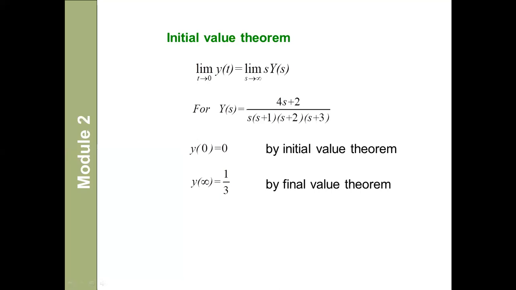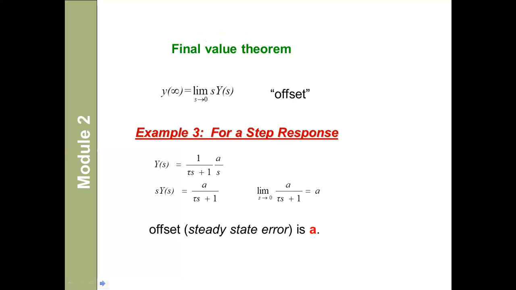Okay, and then that would be our next. So in here, I place the special term offset. When you determine the final value of the function, you are also determining what we call the offset, or how much the ultimate steady state value of the function differs from the set point or from its original value, and that is the offset.